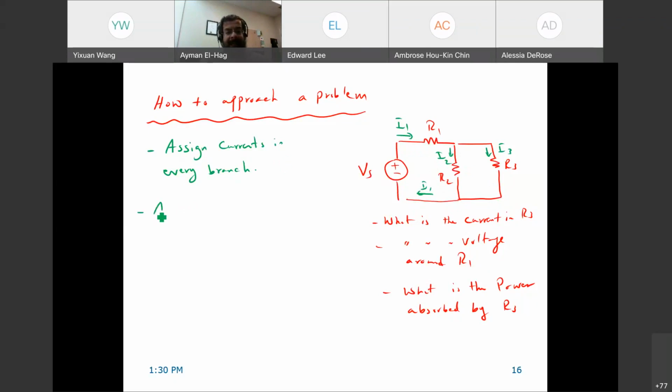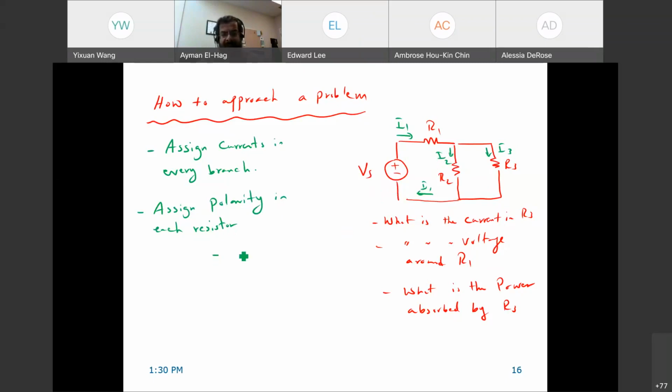Number two, assign polarity in each resistor. Now, the voltage source, you will be given the polarity. So I don't need to do anything about it. The only thing you need to worry about is the resistance. How we will assign the polarity is very, very important.